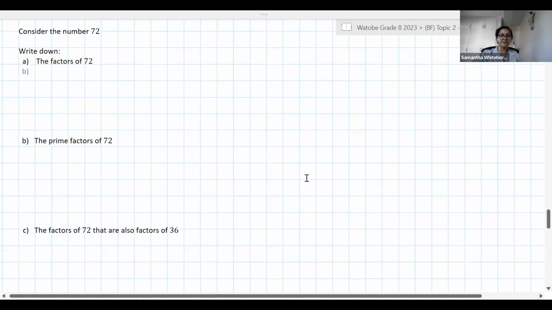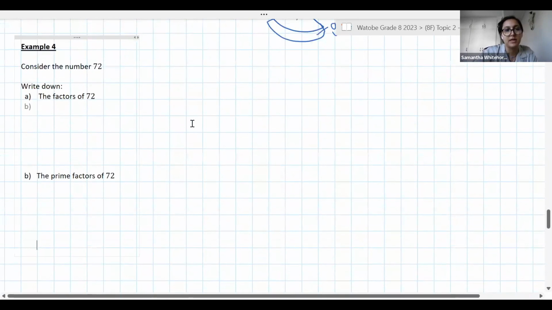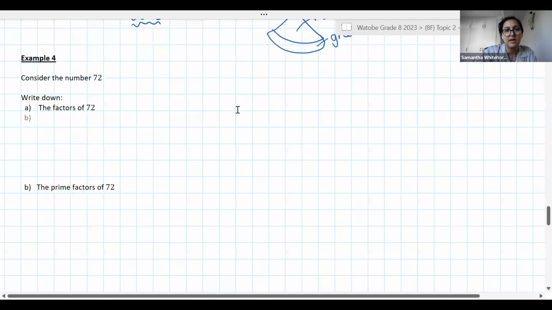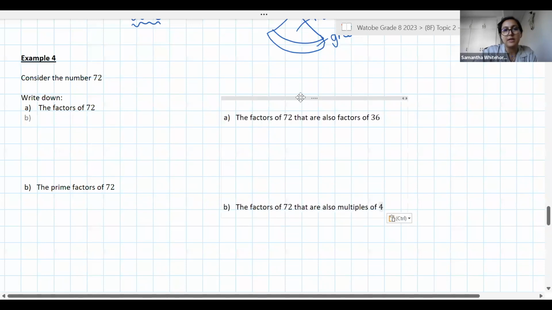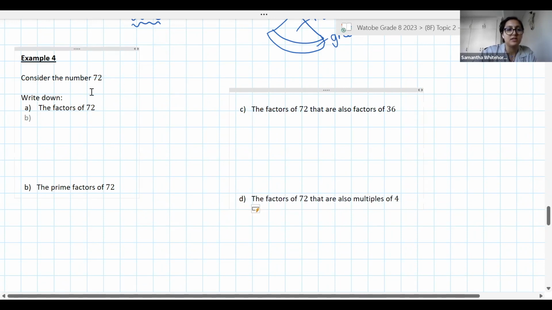Okay. So this is quite similar. But now we're looking at the number 72. So the questions are very, very similar. First one, the factors of 72. I feel like that's a really mean question to ask.